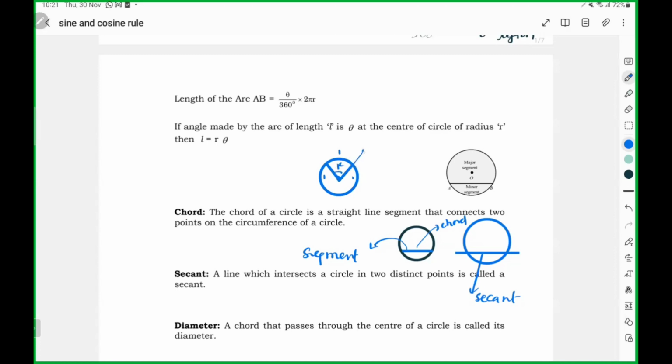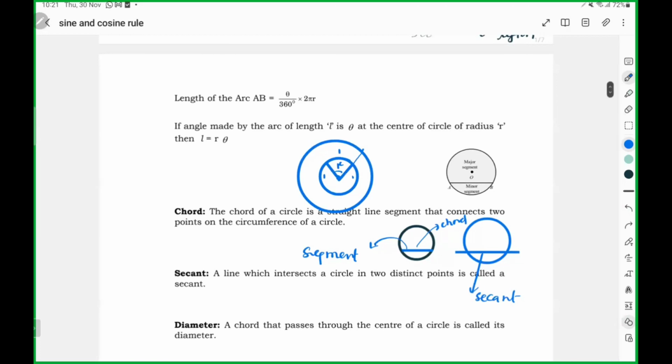Even if you take another circle, there is no change in the angle, but if it happens to be 2 units radius and arc length also 2, that means L is proportional to R for a fixed angle.